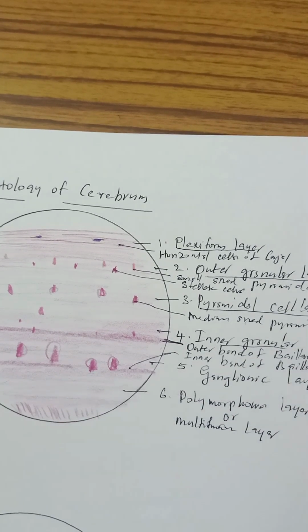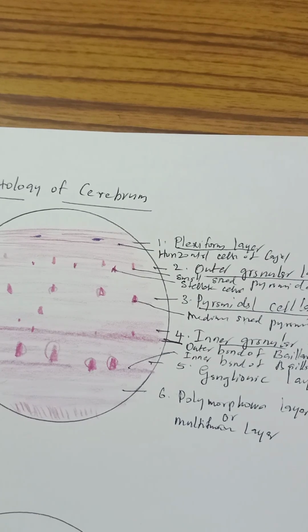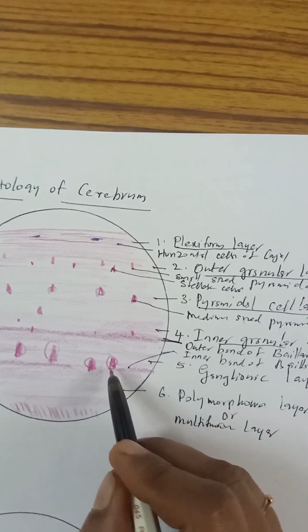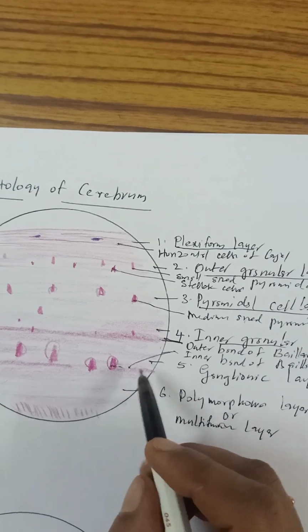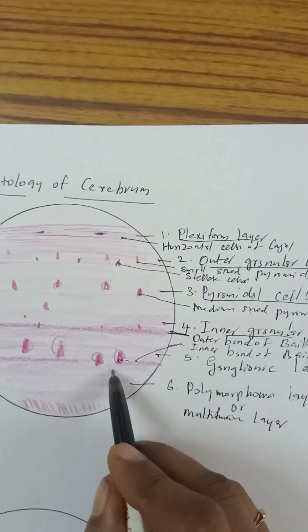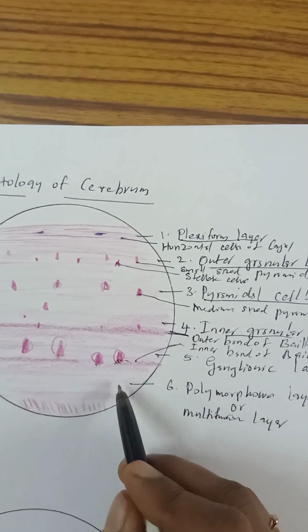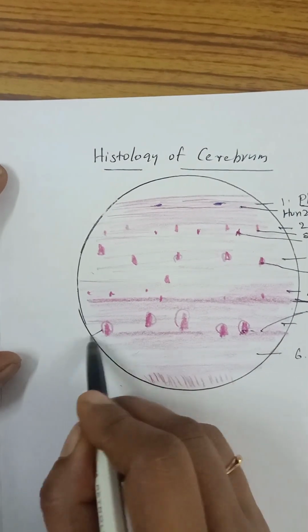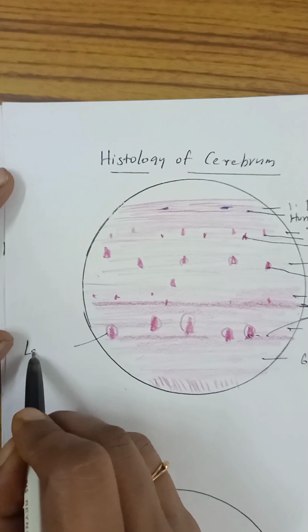Now the fourth layer is the inner granular layer. There we have more types of cells, three types of cells. One is the large sized cells here. These cells are the large sized pyramidal cells, you can label it anywhere, you can make it here also.